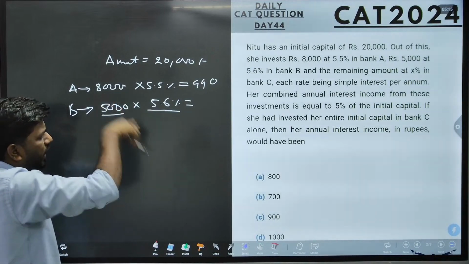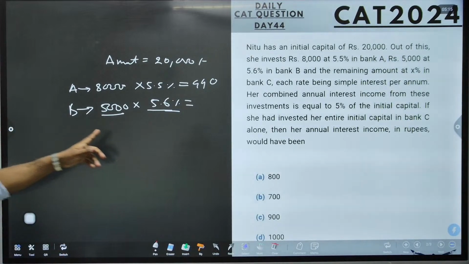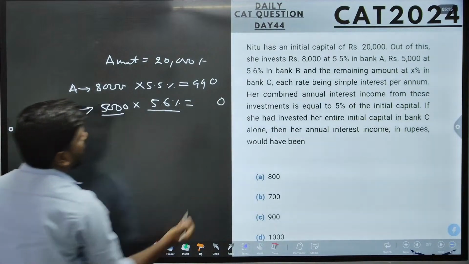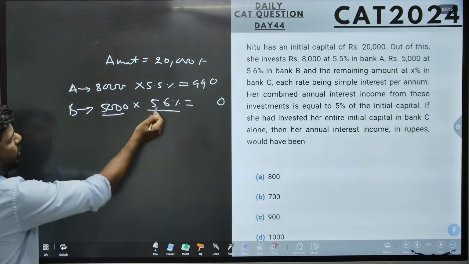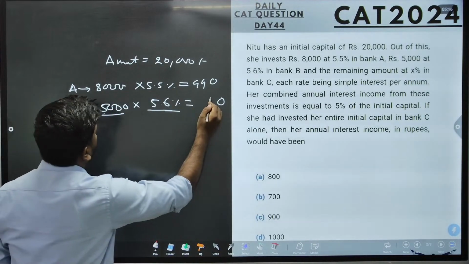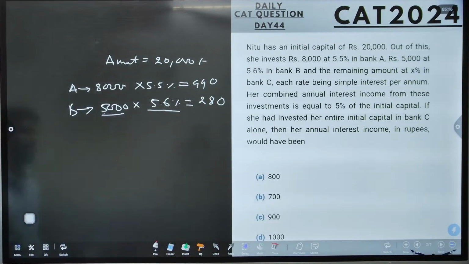This is how we calculate interest using the rate of interest. You can also calculate directly 5 into 56, which is one of the easiest ways. So this will be 280.